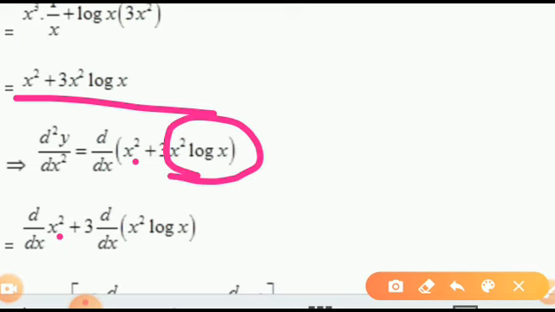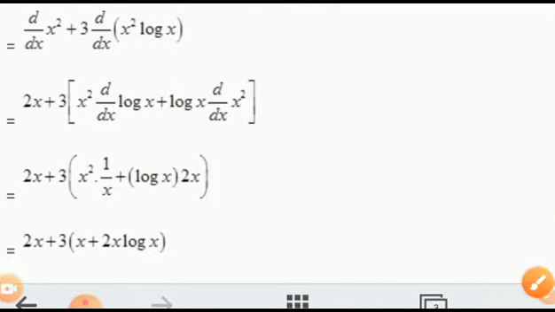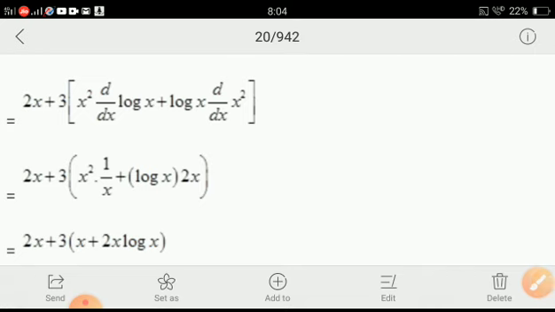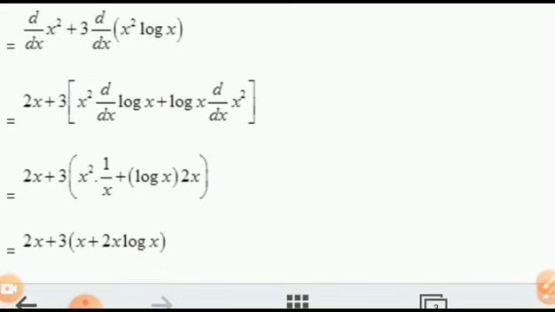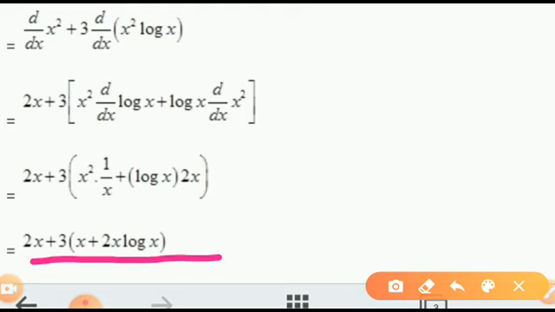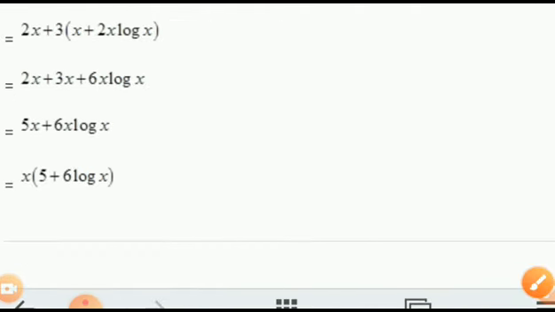Again, x square into log x derivative should be found by using u into v. Okay. And after simplifying, you will get it as 2x plus 3 into x plus 2x into log x. Again multiply that 3 inside the bracket and simplify it.